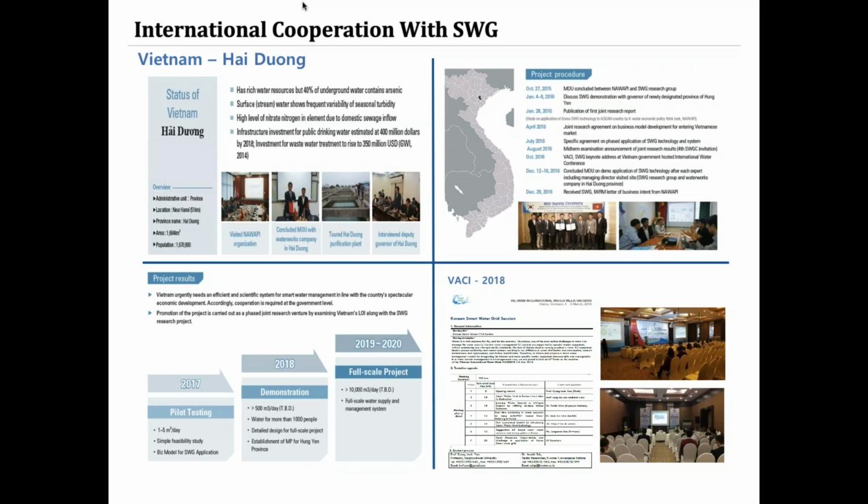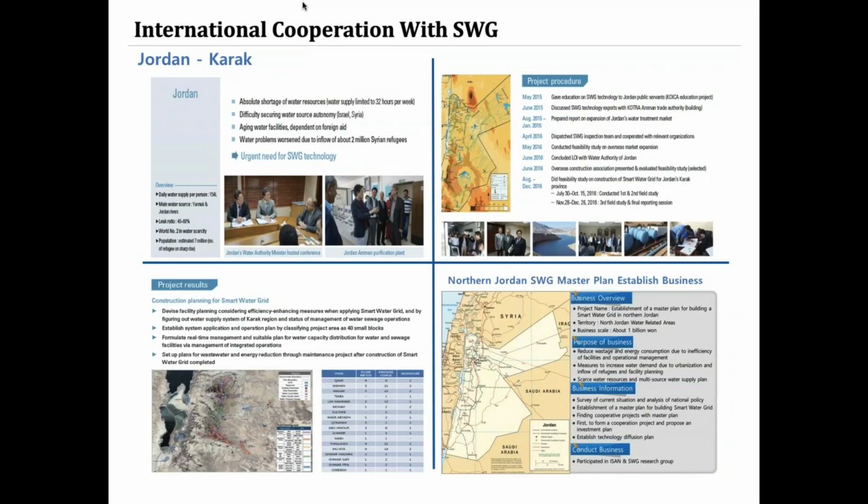Next one is international cooperation with smart water grid research groups in other countries. We have been actively cooperating with other countries, for example with Vietnam, Jordan, Indonesia, and Thailand, etc. We completed the smart water technology feasibility study in the Jordan Karak area in 2016, 2 years ago.